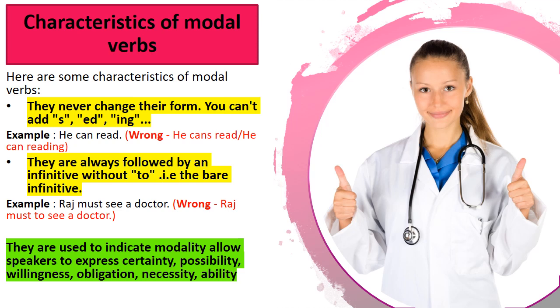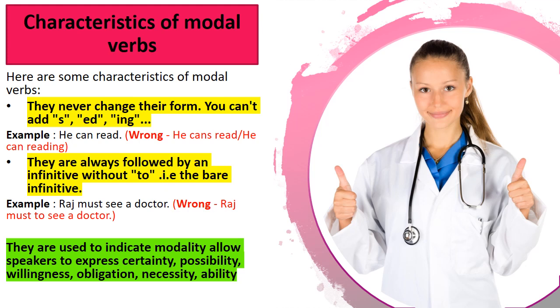They are always followed by an infinitive without to. That is the bare infinitive. Infinitive means to plus first form of verb. Bare infinitive means first form of verb without to. So here the modal verbs are followed by an infinitive without to, that is first form of verb. For example, Raj must see a doctor.